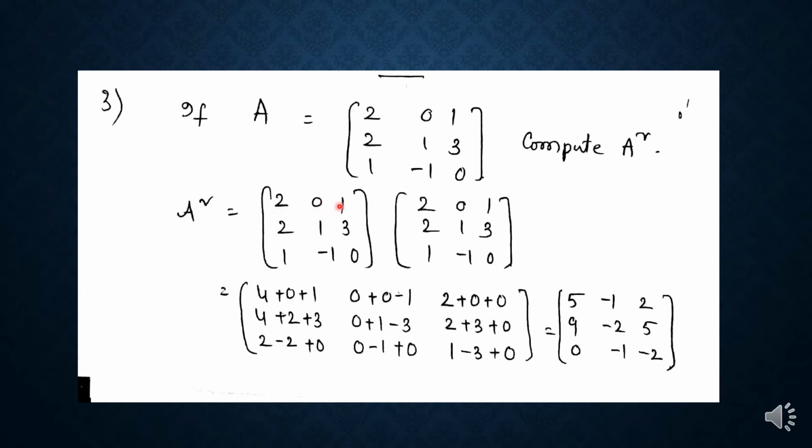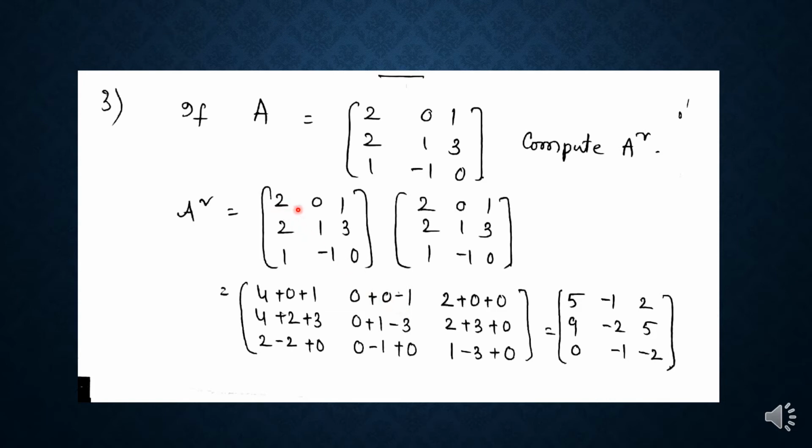Row in the first matrix into column elements. So that is 4 plus 0 plus 1. Now take the first row into the second column elements. 2 into 0 is 0, plus 0 into 1 is 0, plus 1 into minus 1, that is minus 1.